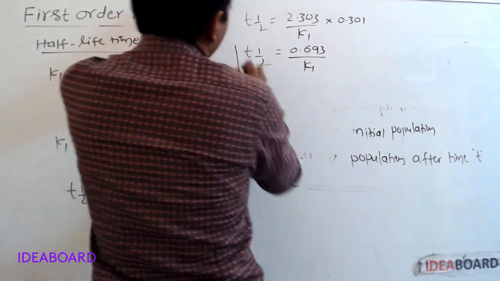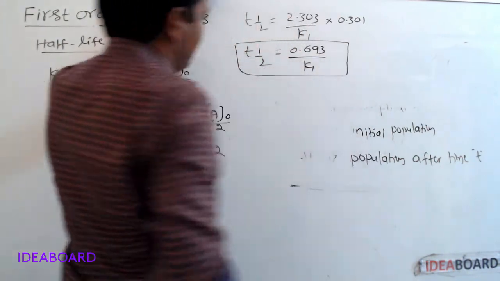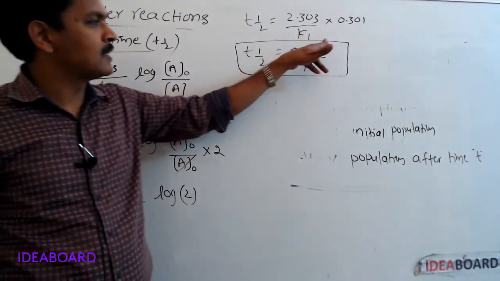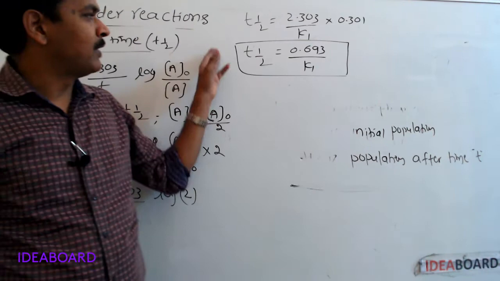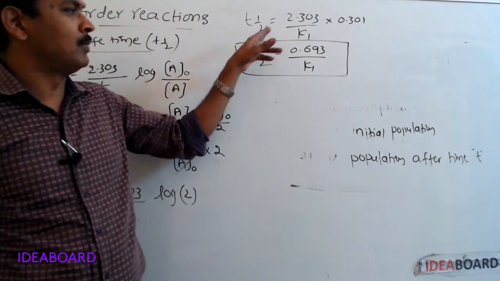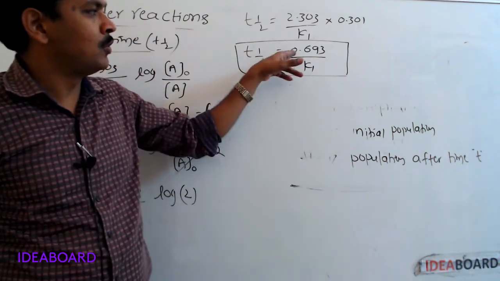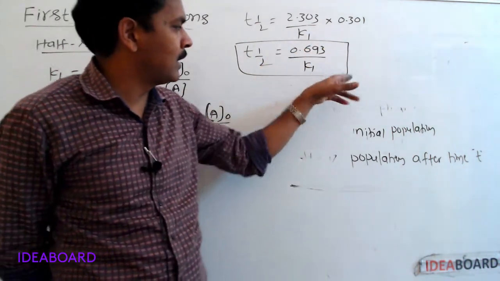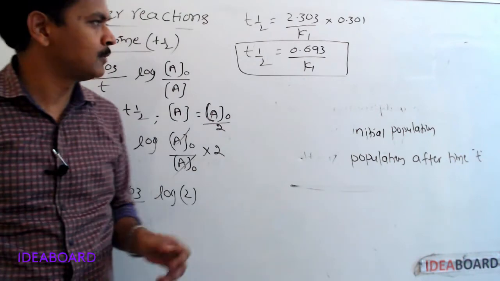So for first order reactions, half-life time T half is equal to 0.693 by K1. This K1 is the first order reaction rate constant.